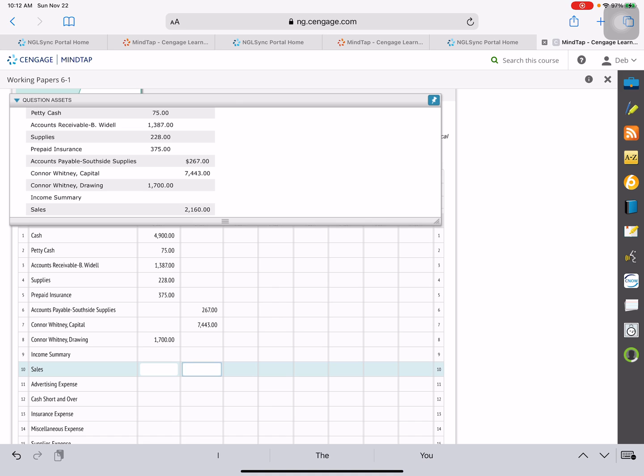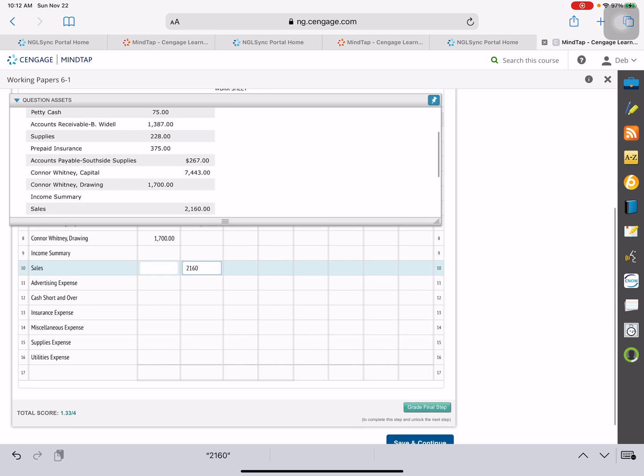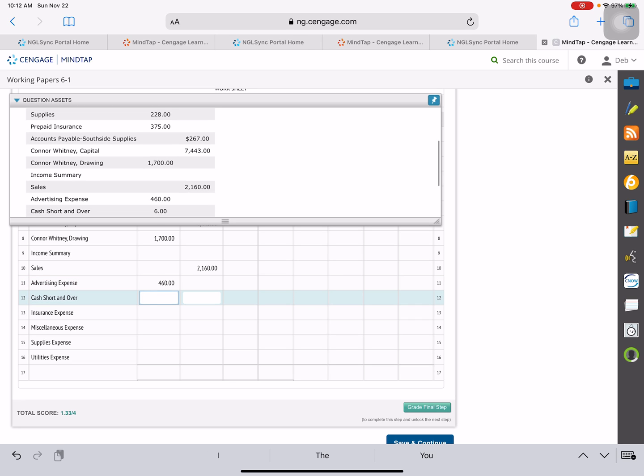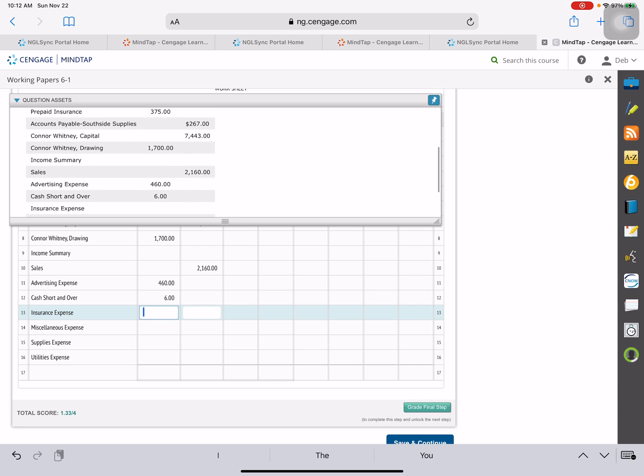Sales has a normal credit balance, and the balance in the general ledger is $2,160. Our advertising expense has a normal debit balance of $460. Cash short and over, we have a $6 balance. Insurance expense, we have a 0 balance. We're going to leave that blank.